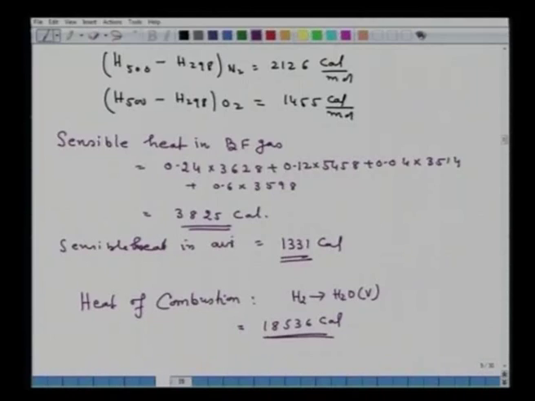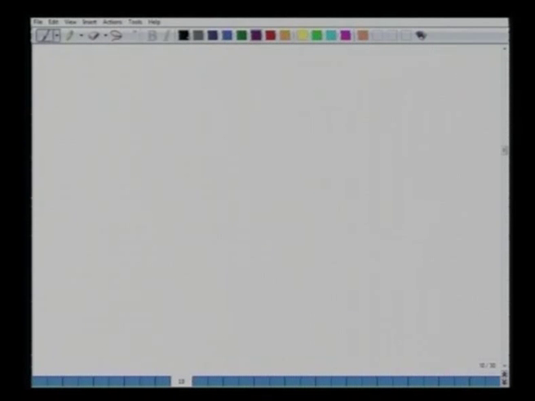So, now the total heat input, I have to add all the three. So, I will be getting 23692 calorie. That will be the amount of heat that will be added in.